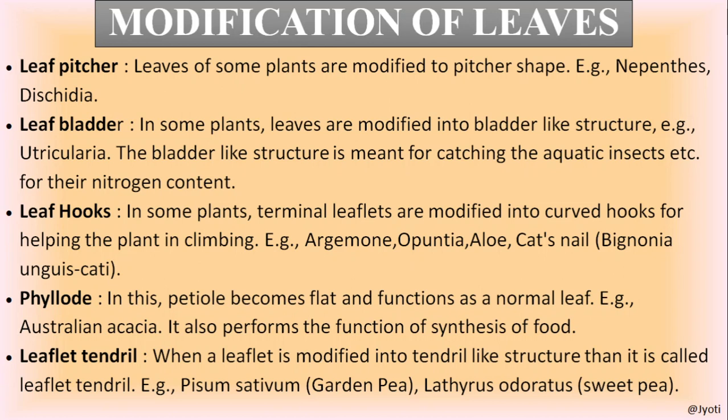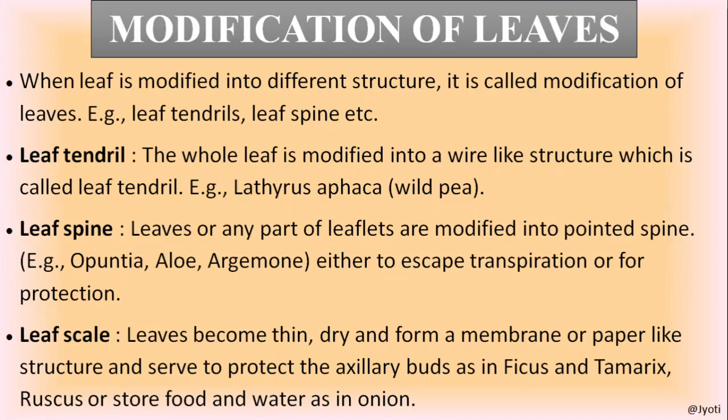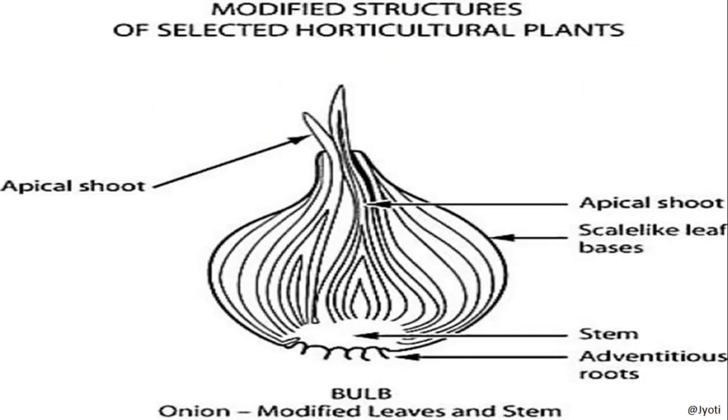Then we'll discuss the other type, which is leaf scale. Sometimes the leaves are paper-like or they may be fleshy, and they are meant for providing protection to the bud or for storage of food. Such leaves are called leaf scales. You can see in the case of onion, you know that at the center the stem is present.